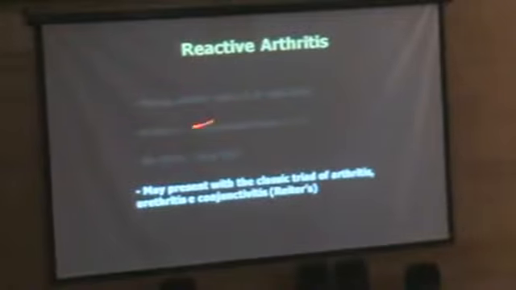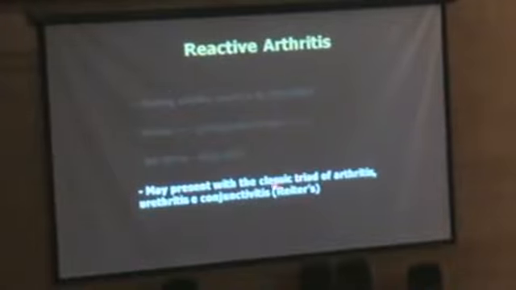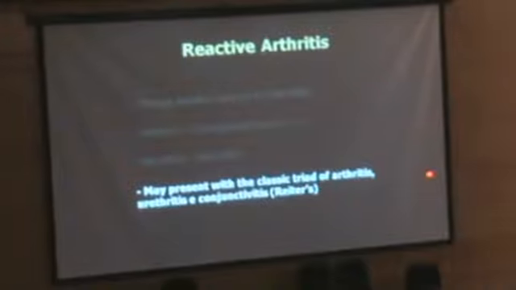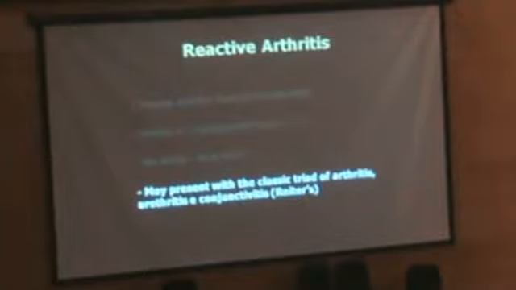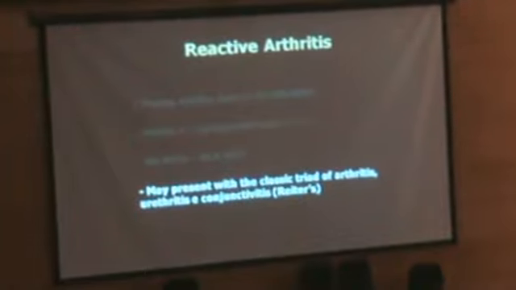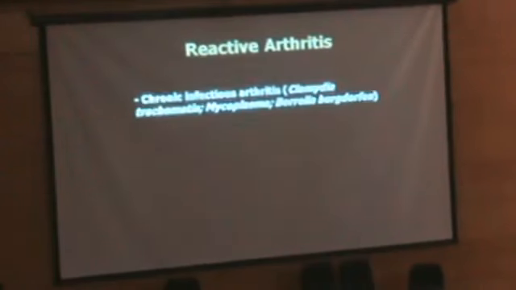Sometimes reactive arthritis may present with the classic triad of arthritis, urethritis, and conjunctivitis, which was defined as Reiter syndrome. But we know that many cases of reactive arthritis don't fulfill the classic triad, but they should be treated just the same.